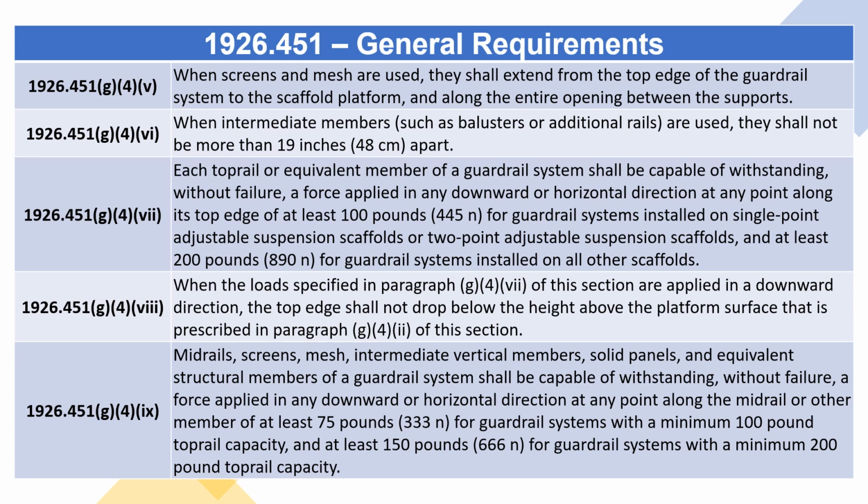Midrails, screens, mesh, intermediate vertical members, solid panels, and equivalent structural members of a guardrail system shall be capable of withstanding, without failure, a force applied in any downward or horizontal direction at any point along the midrail or other member of at least 75 pounds (333 N) for guardrail systems with a minimum 100-pound top rail capacity, and at least 150 pounds (666 N) for guardrail systems with a minimum 200-pound top rail capacity.